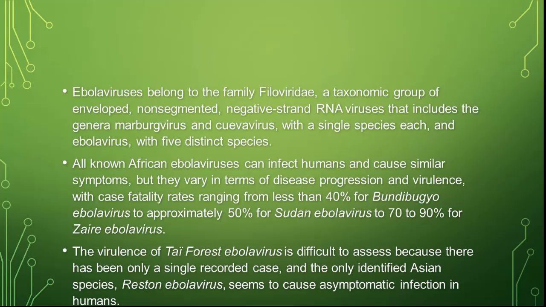All but the Reston Ebola virus can infect humans and cause similar symptoms, but they vary in terms of disease progression and virulence, and their fatality rates also vary, ranging from less than 40% for the Bundibugyo Ebola virus to approximately 50% for the Sudan Ebola virus, and up to 70 to 90% for the Zaire Ebola virus, which is the one that is currently affecting West Africa.